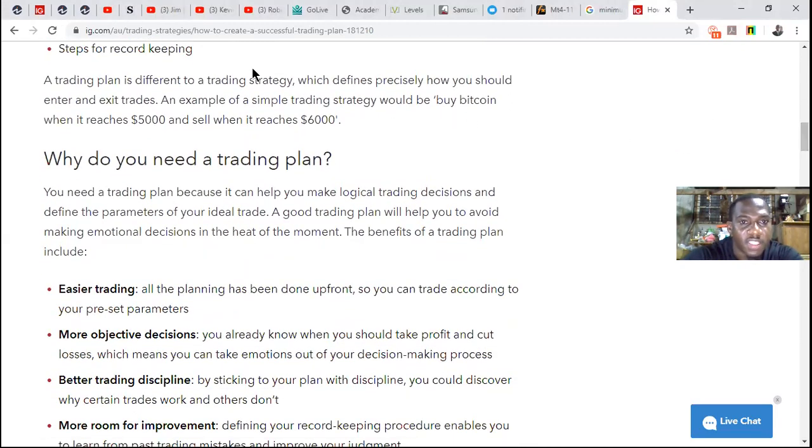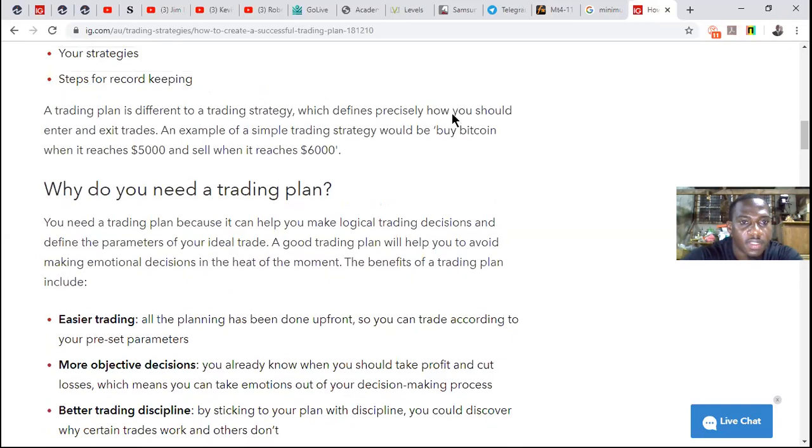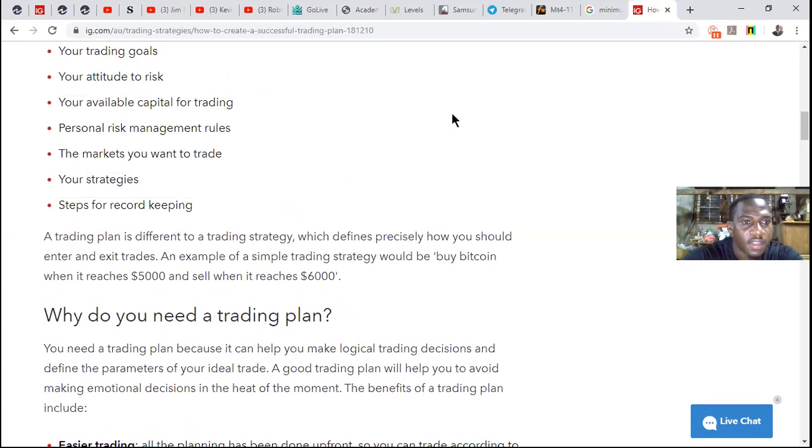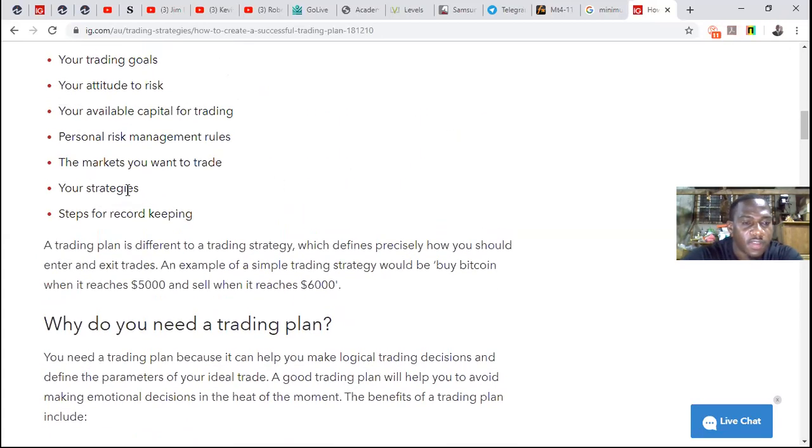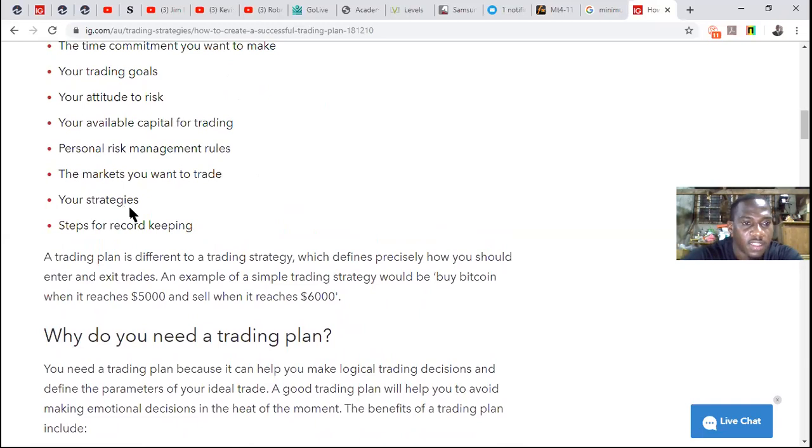A trading plan is different to a trading strategy, which defines precisely how you should enter and exit trades. An example of a simple trading strategy would be: buy Bitcoin when it reaches 5,000 and sell when it reaches 6,000. Even if you trade more than one strategy, that's something you include as part of your trading plan, along with all the other aspects.